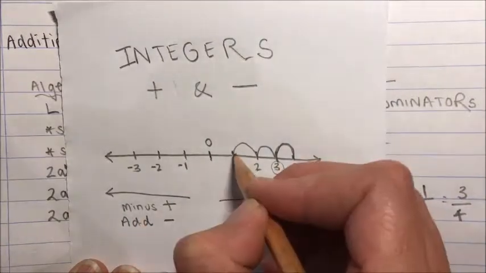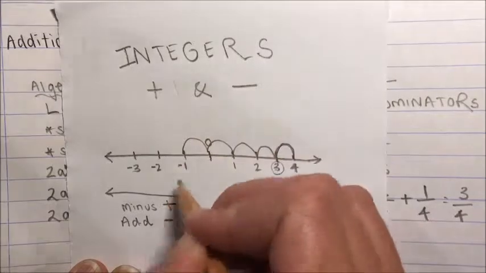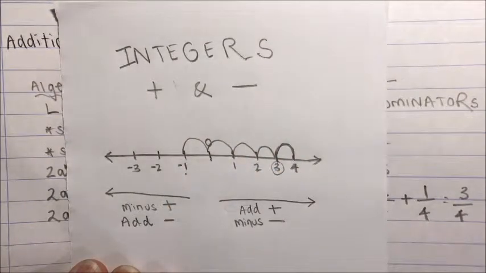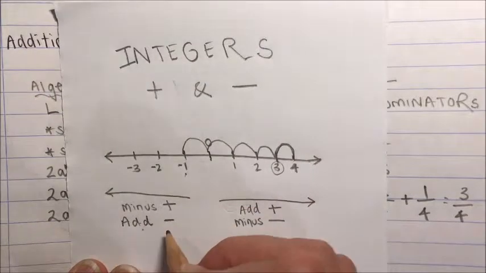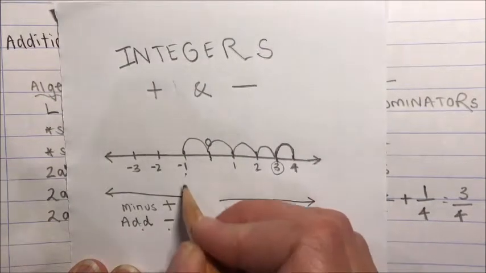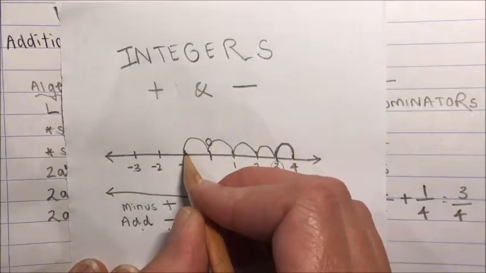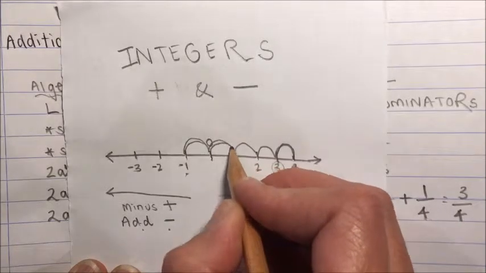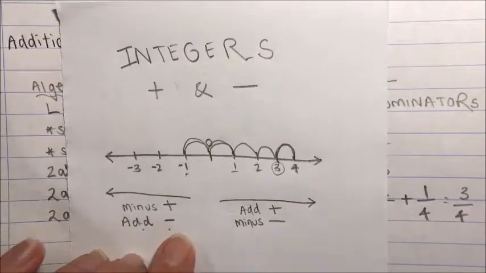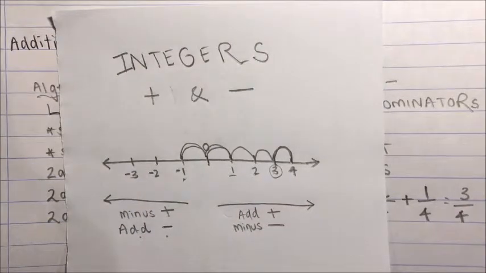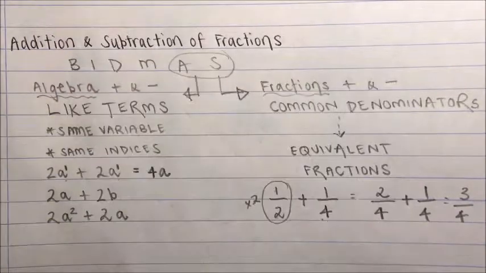So I'm adding a negative, moving to the left, my answer is -1. Now if I start on -1 and I minus -2, I'm decreasing my debt by 2, so I'm moving to the right, 1, 2. Cool. But we're all over that by now. We've just got to remember that integers also apply with fractions.